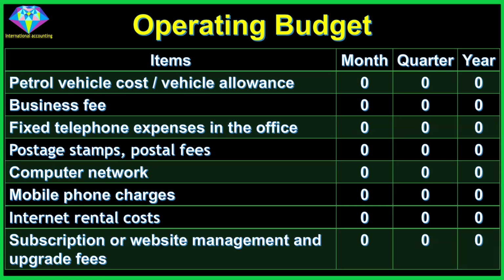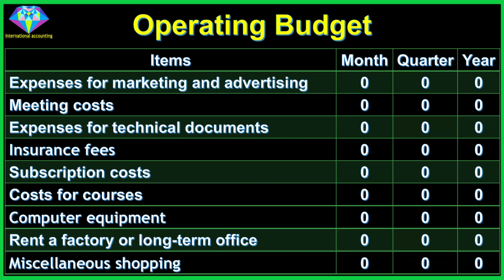Business fee. Fixed telephone expenses in the office. Postage stamps, postal fees. Computer network. Mobile phone charges. Internet rental costs. Subscription or website management and upgrade fees. Expenses for marketing and advertising. Meeting costs. Expenses for technical documents. Insurance fees.